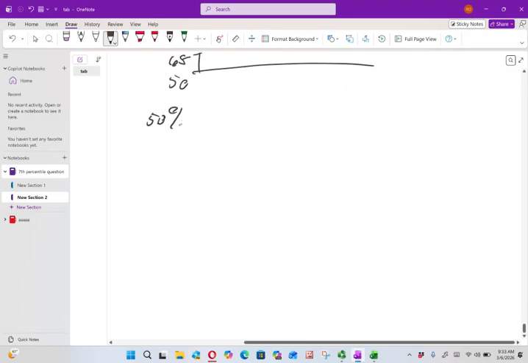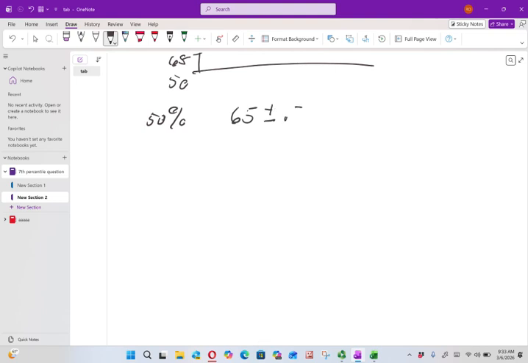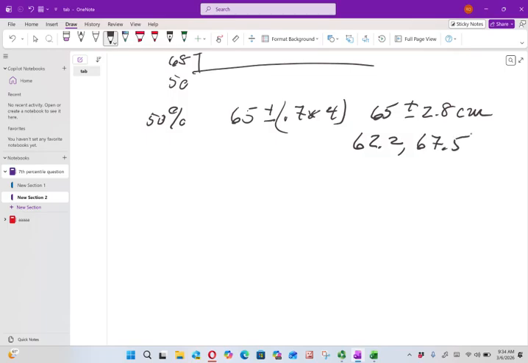So if I want a 50% bet on this length, it's 65 plus and minus 0.7 times 4. So I've got 65 centimeters plus and minus 2.8 centimeters. This is 62.2 to 67.5.